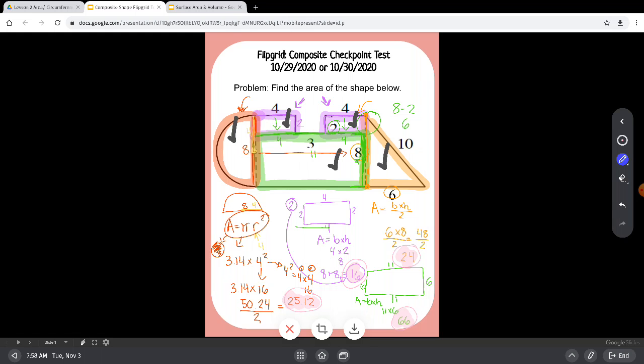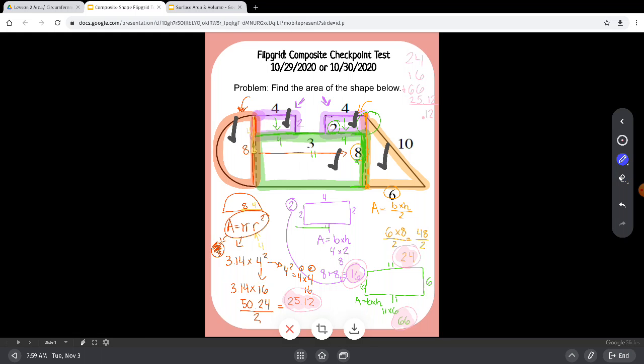So I have 24 from the triangle, 16 from the purple rectangles, 66 for the green rectangle, and 25.12 for our semicircle. Let me erase this so I have enough room. Nothing is being added to our decimal, so that's just going to stay the same at 0.12. 4 plus 6 is 10.